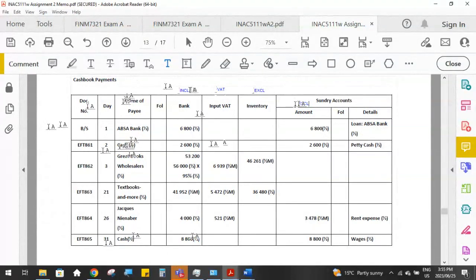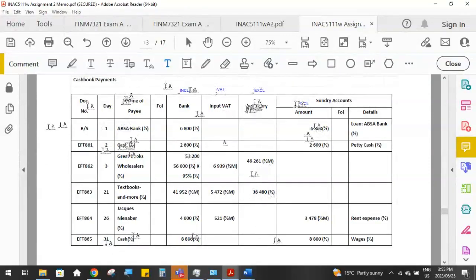So only if the transaction was inventory that you purchased would you put it under this inventory column. So only 2 of the amounts that we paid was inventory that we purchased. So they go under the inventory column. And if we use the inventory column, then we don't need the sundry accounts column because inventory has got its own column. Remember, this is the general ledger account inventory that's headed there.